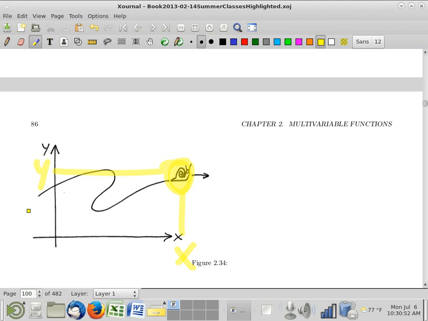Namely, maybe the snail started here, and then as time passed, in other words, as the parameter t increases, his position changes, and altogether you have a representation of his movement.